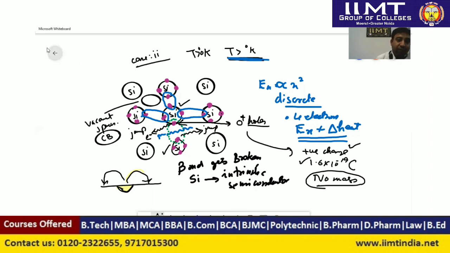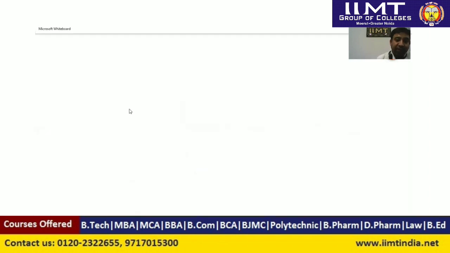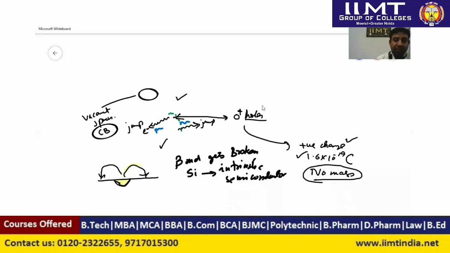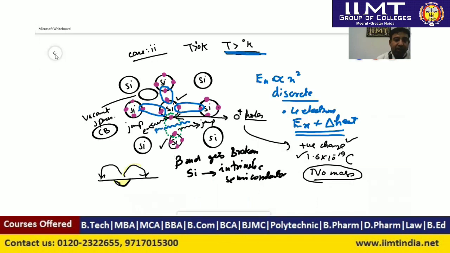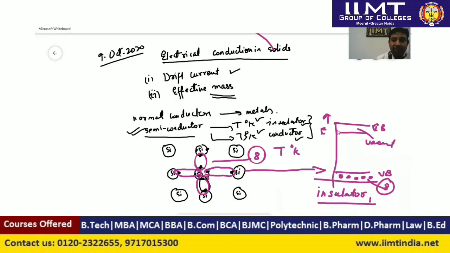So what will it result in if we talk in terms of valence band and conduction band, which we have earlier seen? Going back, in the first diagram, I made the valence band and conduction band for 0 degree Kelvin.